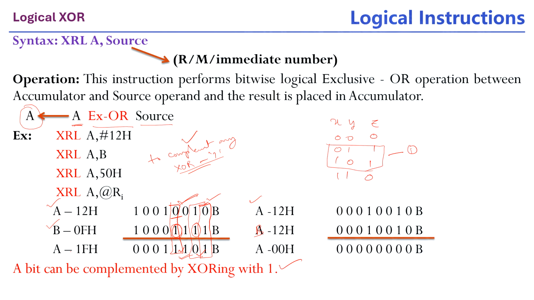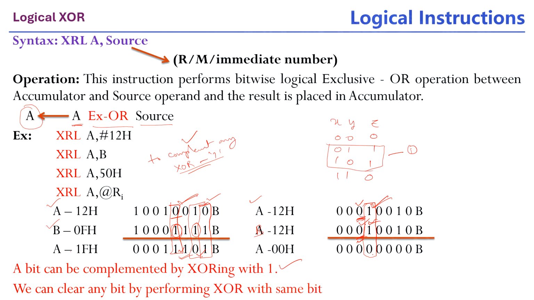Similarly, a bit can be cleared by using XOR operation with the same bit. Here we performed XOR operation with the same bit: this is 1, this is 1, and the output is 0. And here also the same bit: this is 0, this is also 0, and the output is 0. So this instruction has two applications.